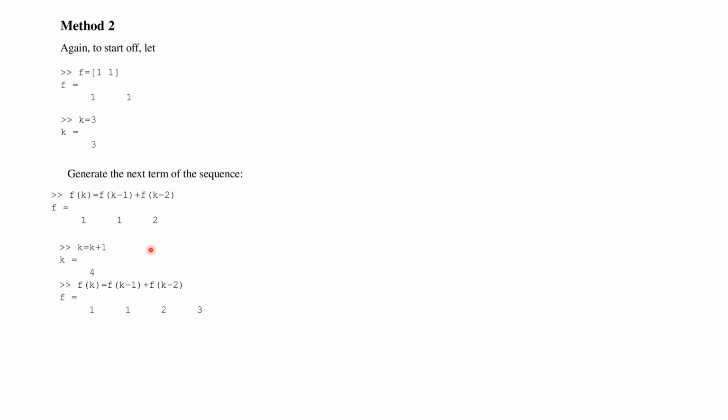Then we increase the counter k. So it was 3, and now we replace k by k plus 1. So that's now 4. And then the value at this k being 4, is the sum of the two previous values. And then we repeat that. So you have a counter k, which you keep incrementing in a loop. It's the same output in a different way.